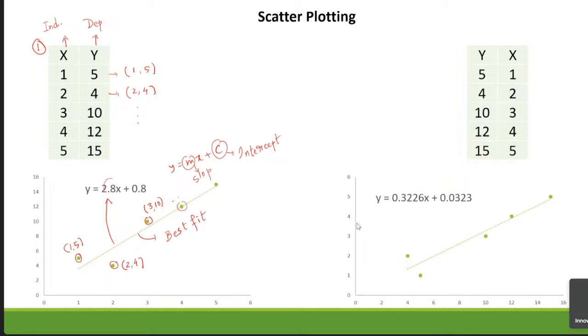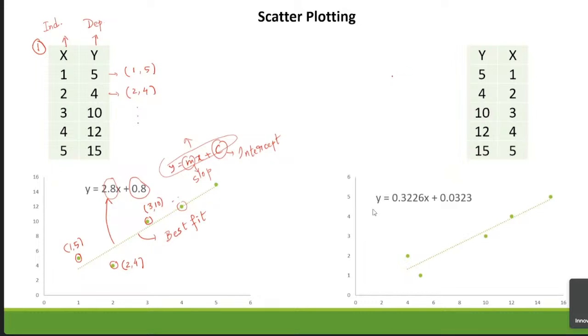Now you can see the slope 2.8 is the slope and the intercept is plus 0.8. This is the intercept of this equation. So this equation y equal to mx plus c is called the regression equation of y on x. We will discuss the same thing later in the slide.